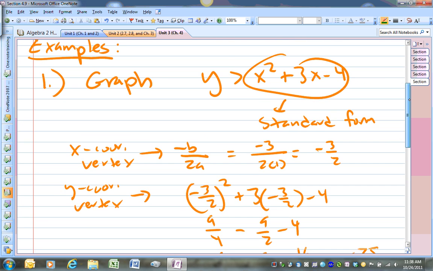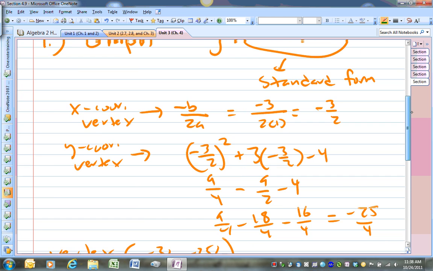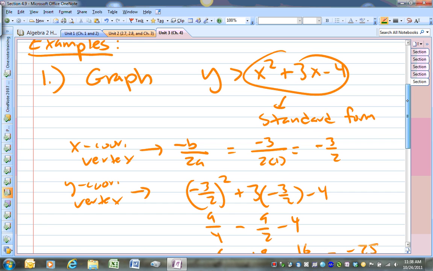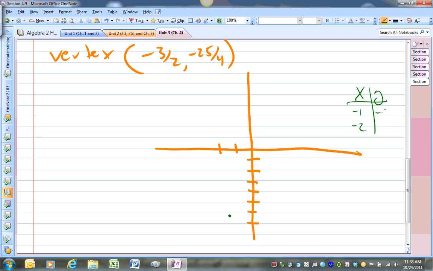And I think I would get, let's see, plug in 1. Let me see here. Negative 9. Negative 6. So essentially we're going to have something like this.